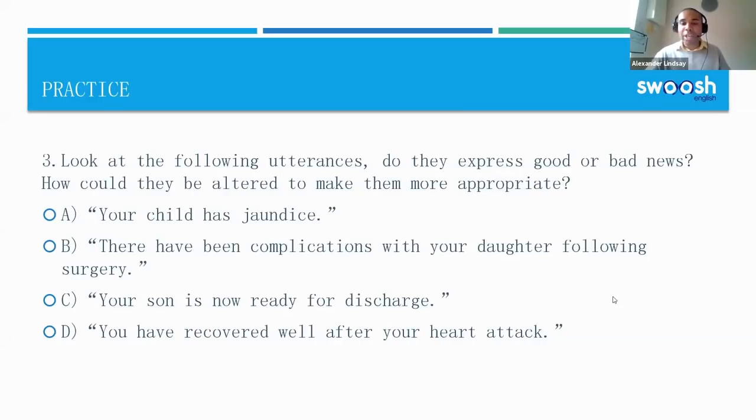So very nice. That can be included, can't it? "I do have to tell you, unfortunately, that your child has jaundice, but we do have treatment available." So yeah, absolutely. Yeah, Amber, it's a nice one. "I'm sorry to say that your son has jaundice," and then talking about the available treatment would be a very nice way to make this more appropriate.